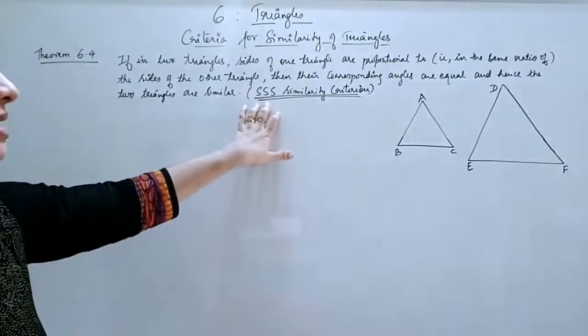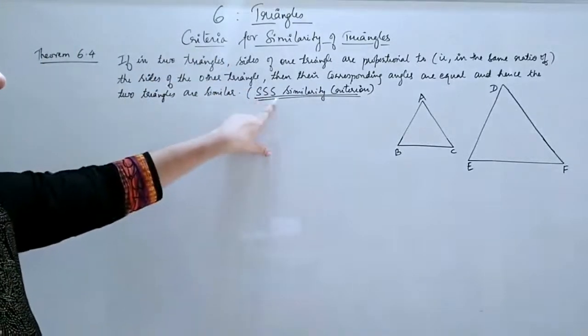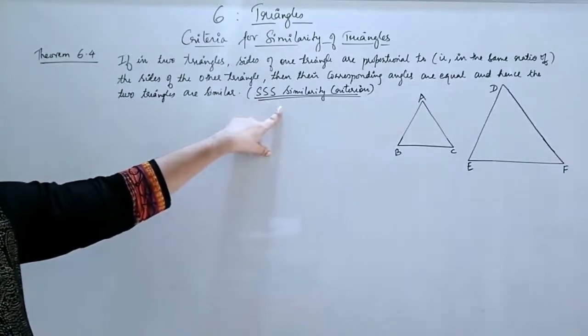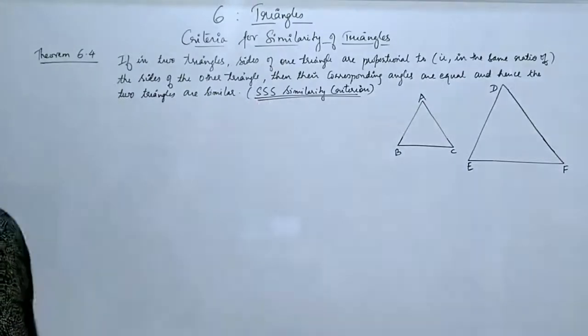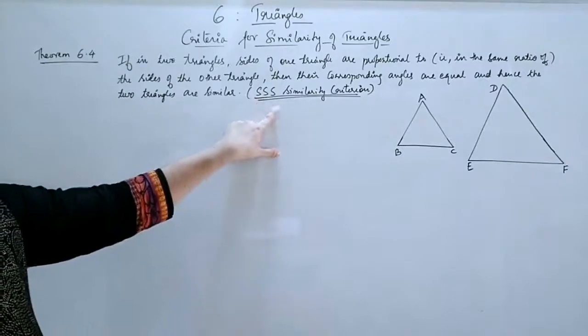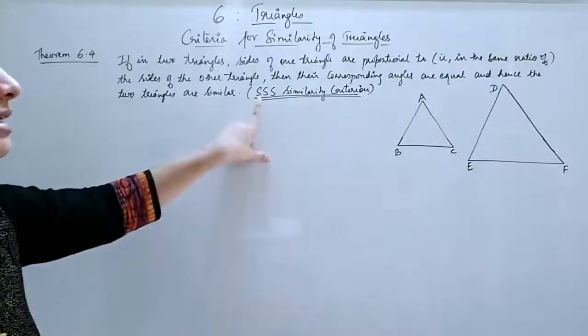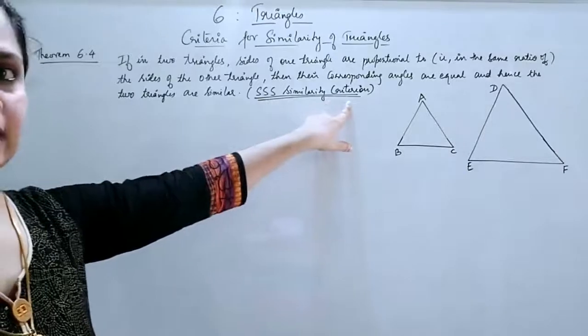Since in the theorem the three sides are given to be proportional, the theorem is also known as the SSS Similarity Criterion, that is, side-side-side similarity criterion.